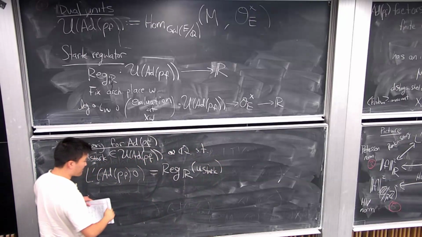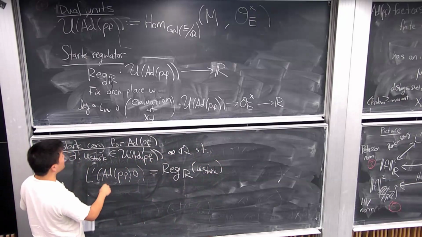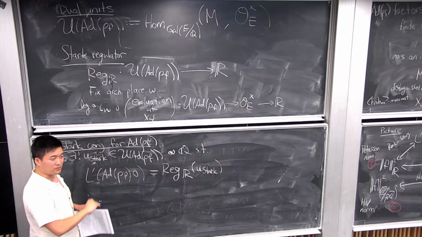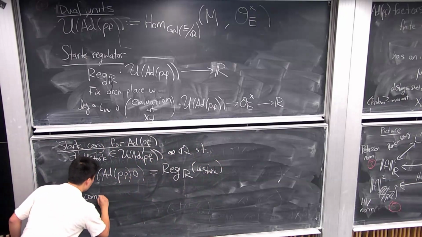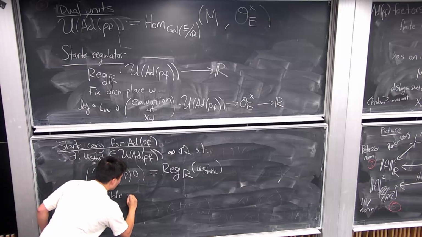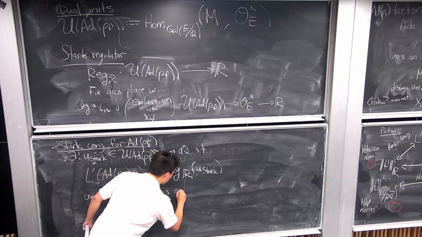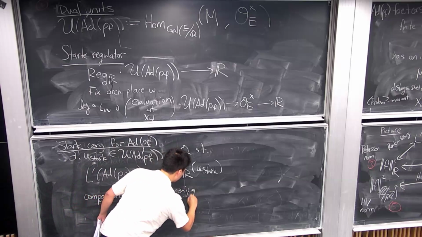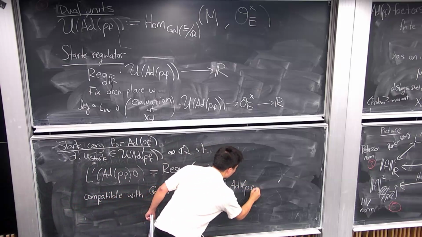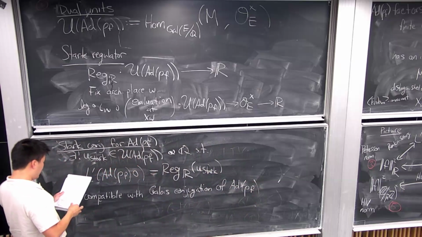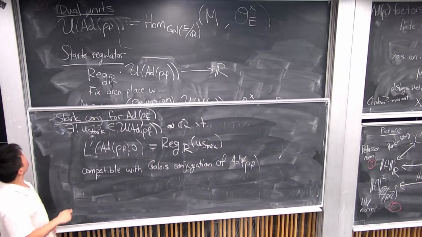And in a way that's compatible with Galois conjugation on my representation. So they vary with W in a compatible way, compatible with Galois conjugation of that rho_F.